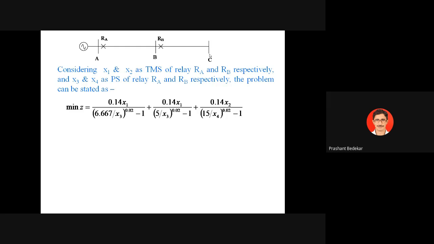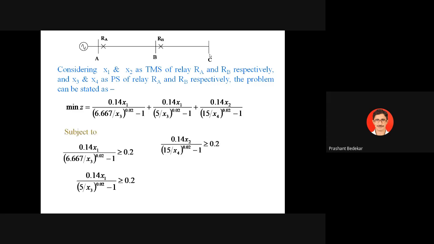You can see that because the plug settings are not fixed, the problem is non-linear. Each term of the objective function is now a non-linear term. Same thing will be there with the constraints also. These are the constraints: minimum operating time constraint.